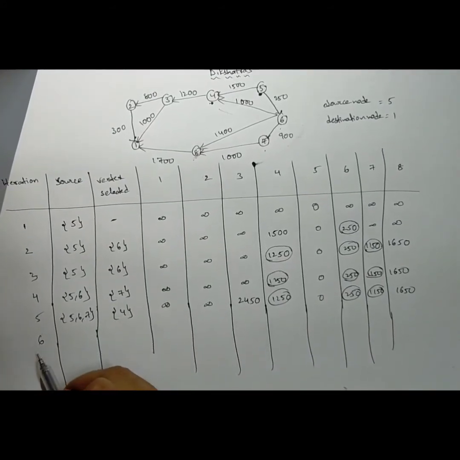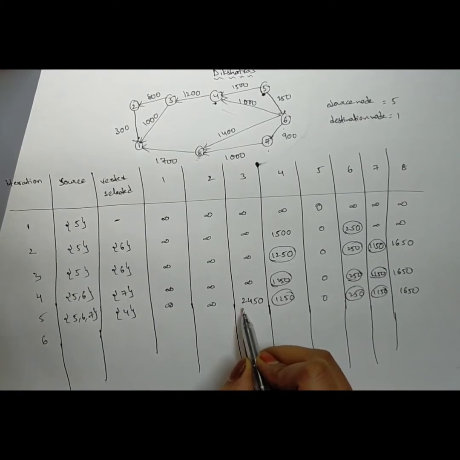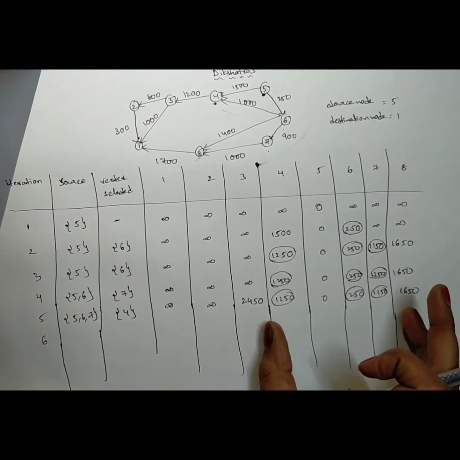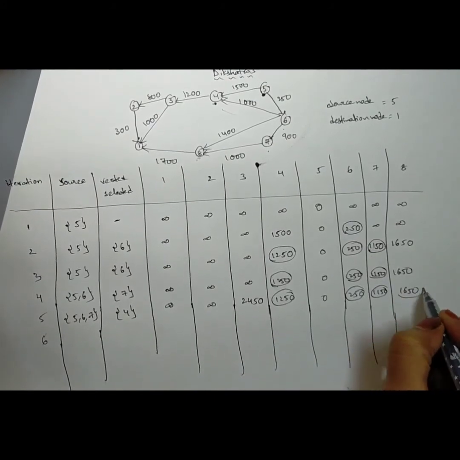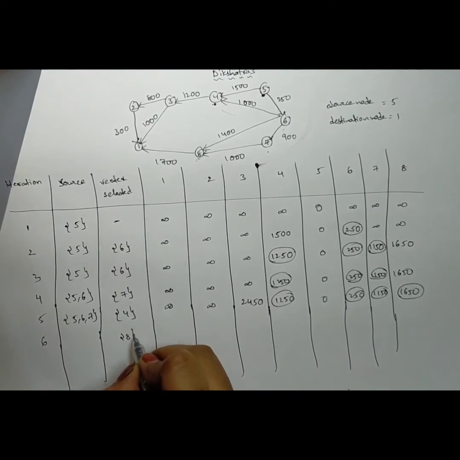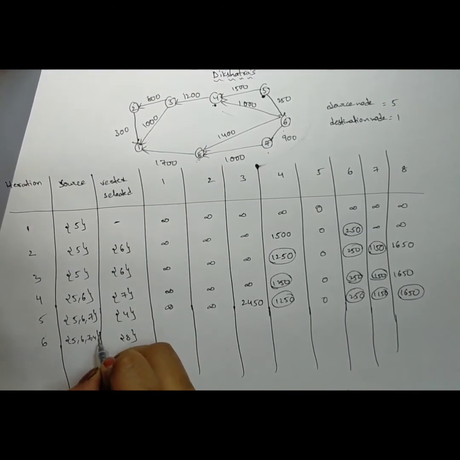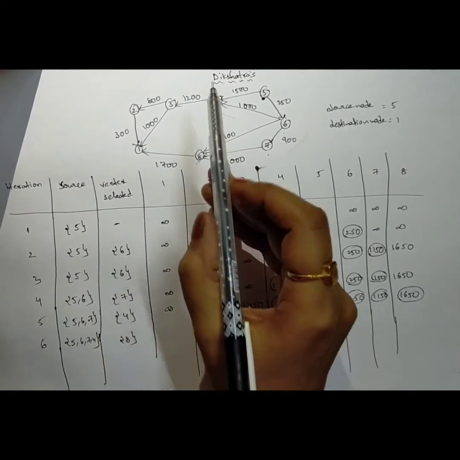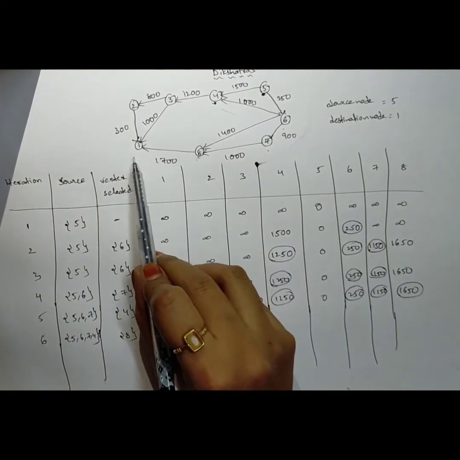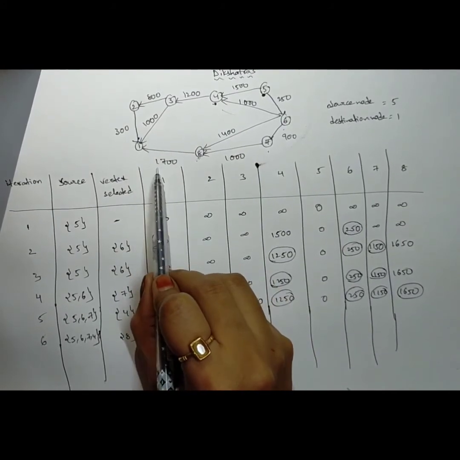Now coming to the sixth iteration, we have the values 2450 and 1650. From these two values the smallest value is 1650, so I am selecting the vertex 8 here. From vertex 8 we have only one edge, that is 8 to 1 with a distance 1700.